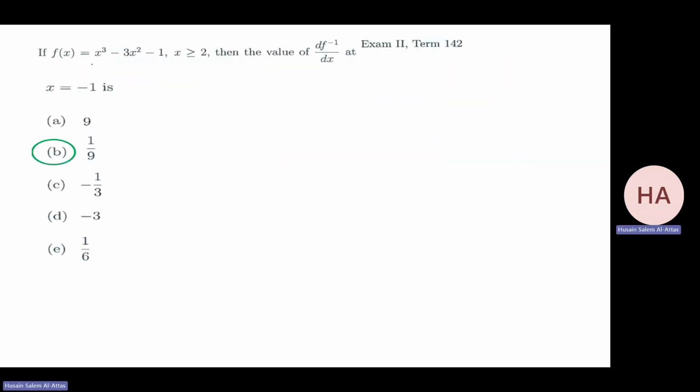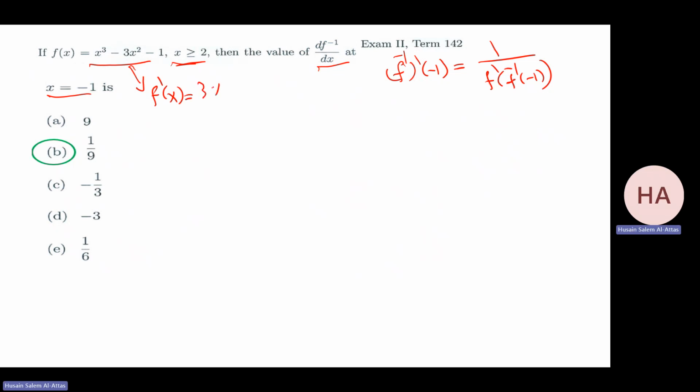Okay, which is, I have f of x equal this. I have a restriction, x greater than or equal to 2, so that the function is 1 to 1. I need to find this at x equal minus 1. So I have f inverse prime at minus 1, 1 over f prime at f inverse of minus 1. Note first that what will be f prime?